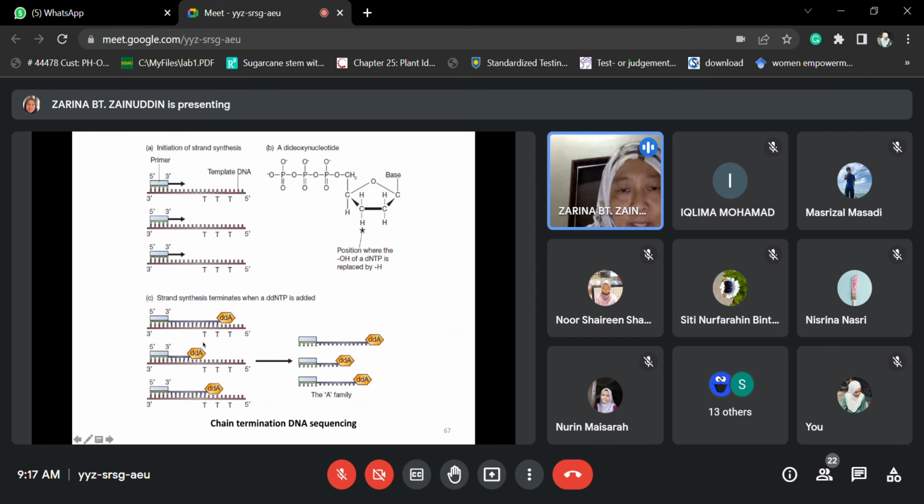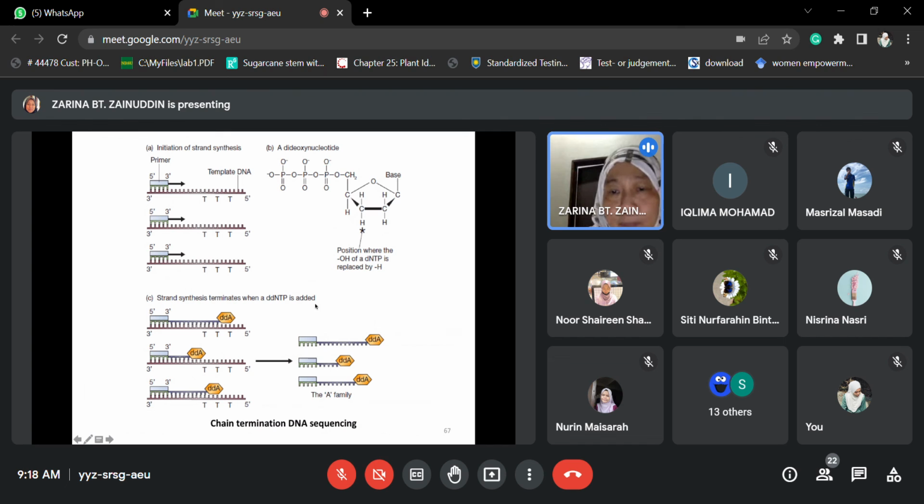For example, for molecule number 1, the ddATP is added at T number 2, so it will stop the synthesis. But for molecule number 2, the ddA will stop at T number 1, and so on.